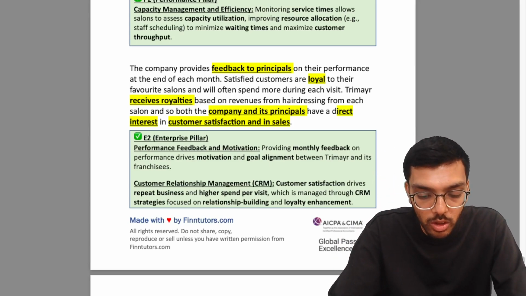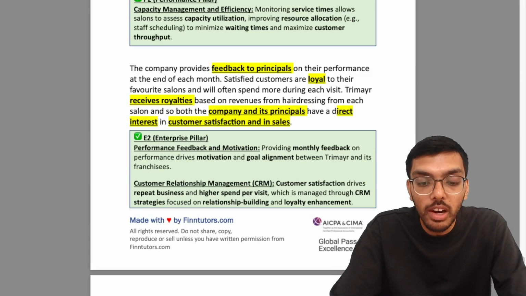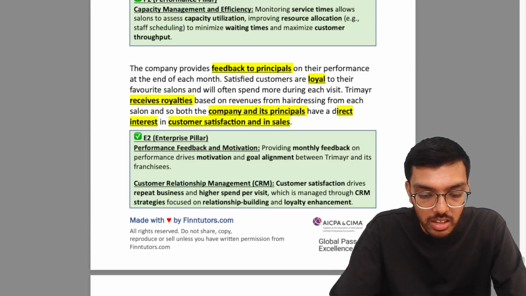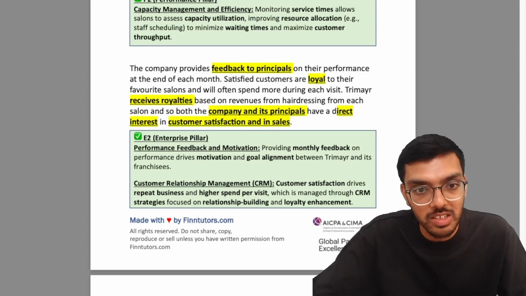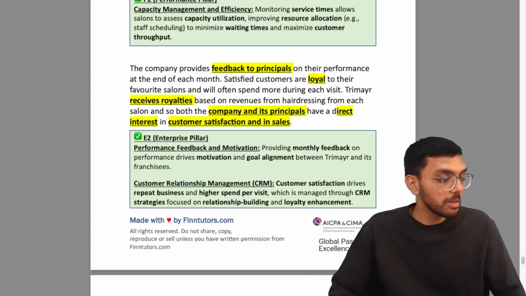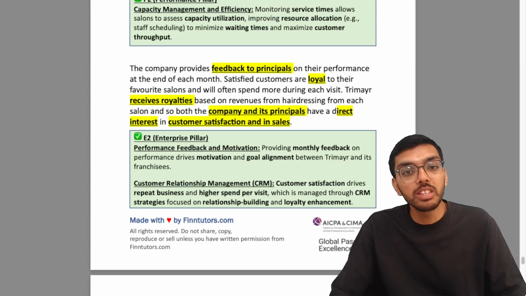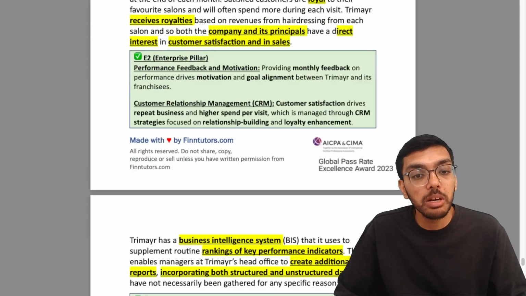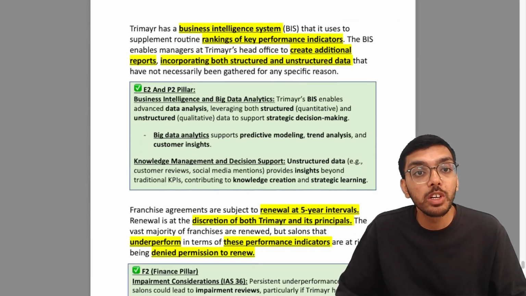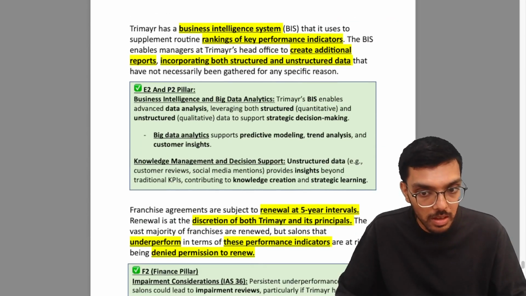If he doesn't spend on your salon, you are the person who is losing out. So it's always important that this franchise partner is your help, is your backbone of the business. Let's put it that way. So providing monthly feedback on performance drives motivation, and customer relationship management becomes ever so important within this business.